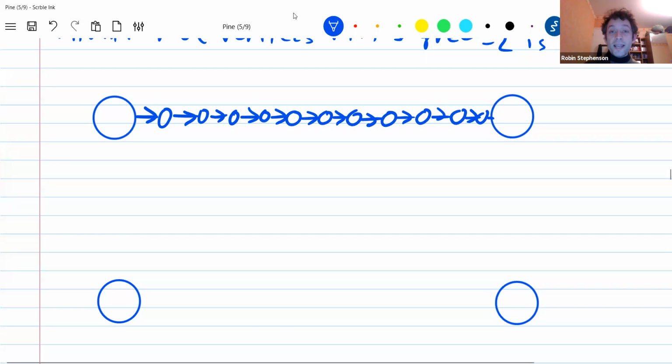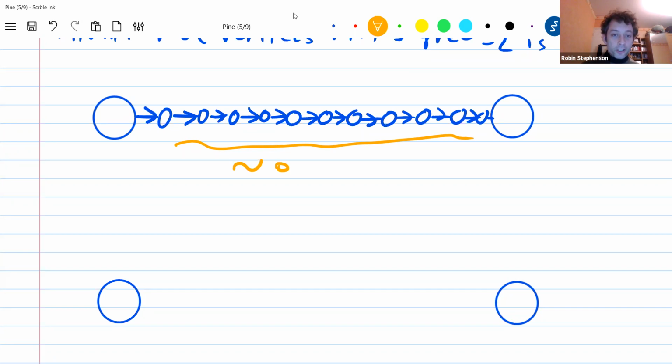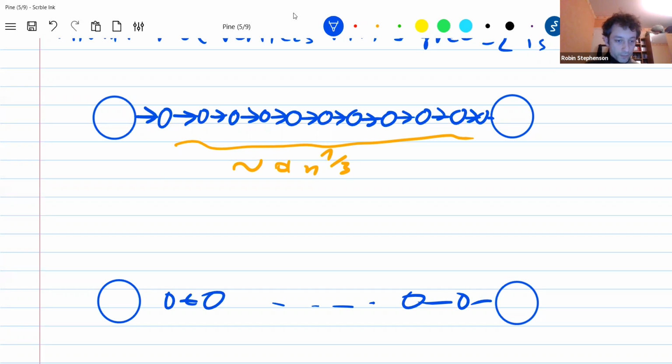And remember, we said that the number of vertices with degree 2 is of order n to the power 1/3. So let's say, I'm being a bit hand wavy, but let's say this is about a times n to the power 1/3, where a is a positive number. So we can do that with all of those. I'm going to do this a bit faster because otherwise this might take ages.